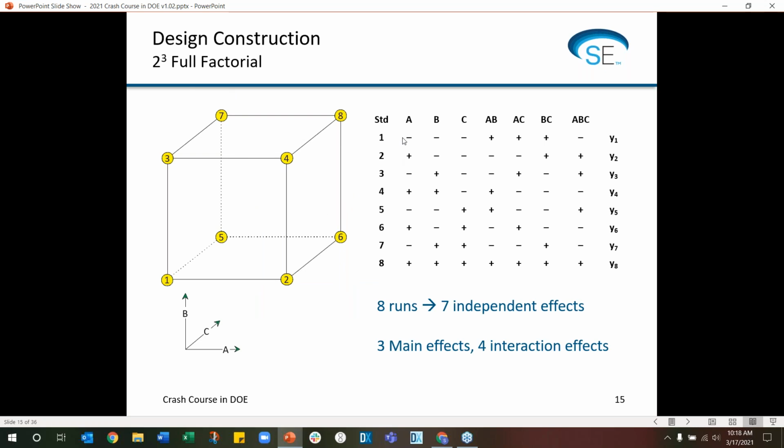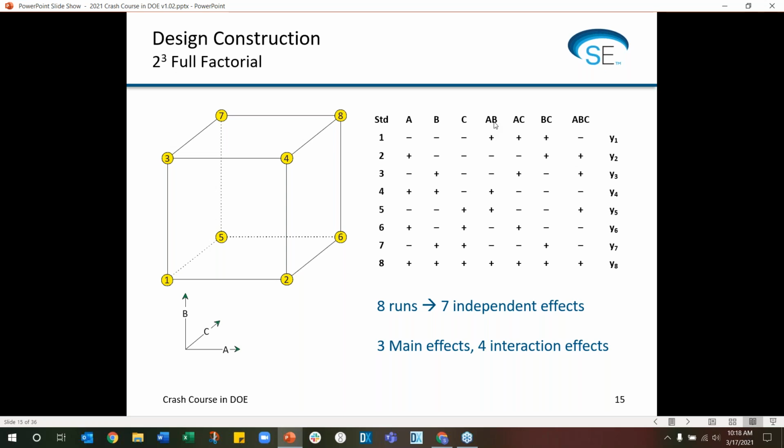We usually write this out as a matrix in any software program. We just show you the matrix for the main effects in the software, but hidden behind the scenes is the rest of the design layout, the rest of the matrix, and that's going to include the interactions.